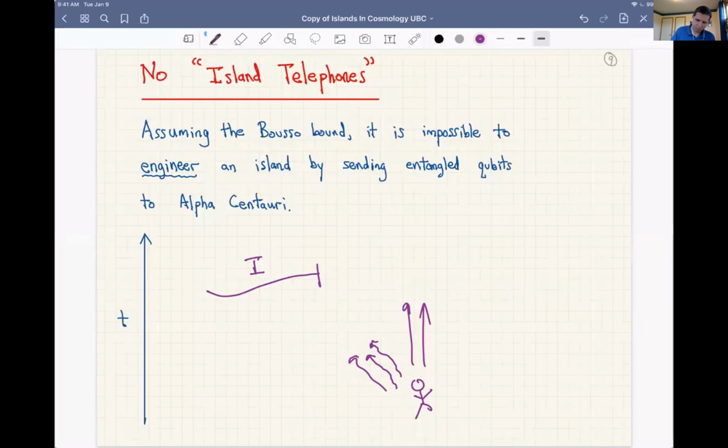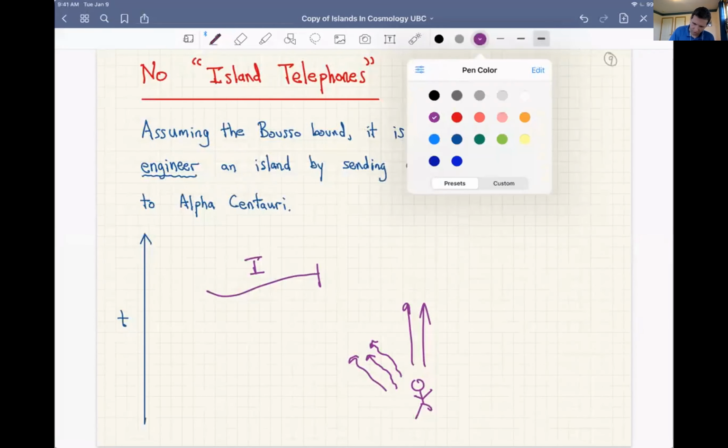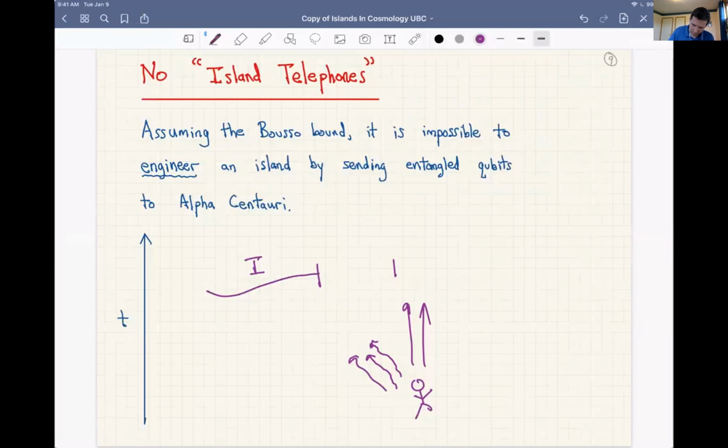So region R in this case is our lab, and we're trying to open up a region that's very far away by sending entanglement there. Well, the only way we can do that is if S of the qubits of I is greater than the area of dI over 4. So we have to send an enormous number of qubits, first of all.